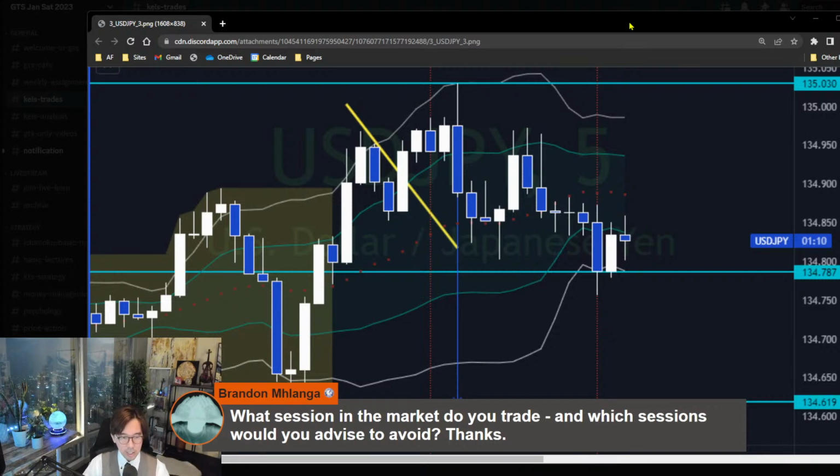But in general, the Asian session markets are quiet and in range, so I have fewer opportunities during the Asian session. Some JPY pairs or AUD pairs are trending, and whenever they do, I look for opportunity, but whenever they don't, I stay away. So that rule remains the same in any session of the markets.